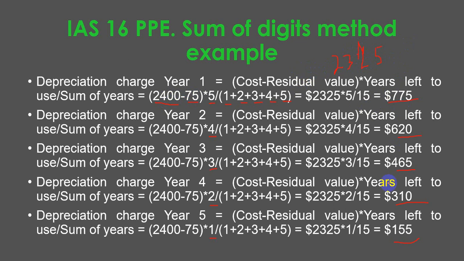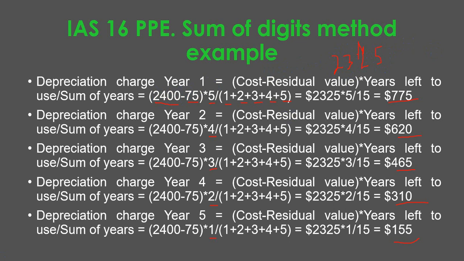And if we calculate our depreciation, it gives us 2,325 accumulated depreciation, and our initial cost 2,400 minus 2,325 gives us 75.